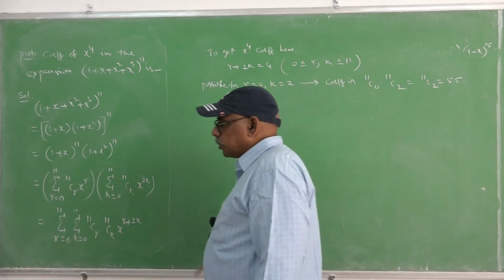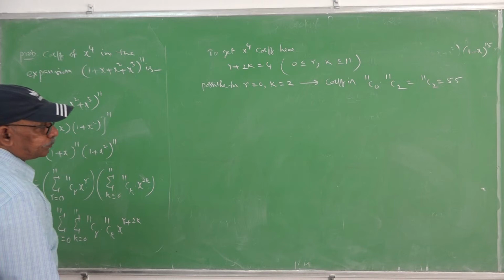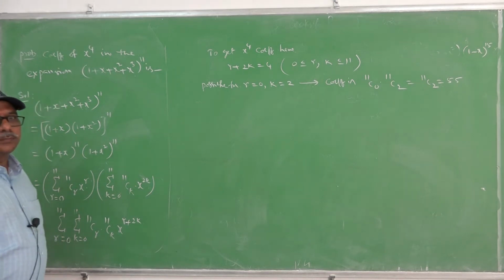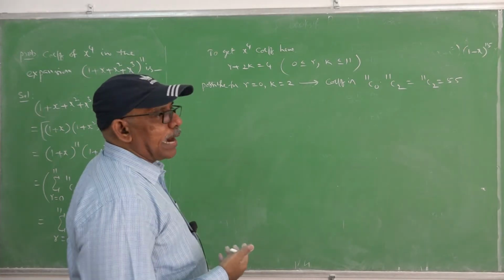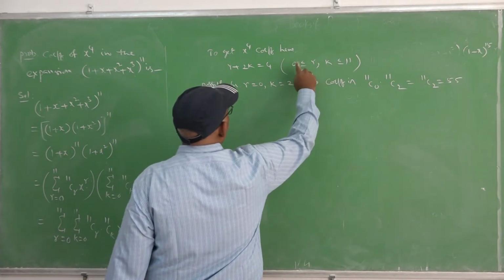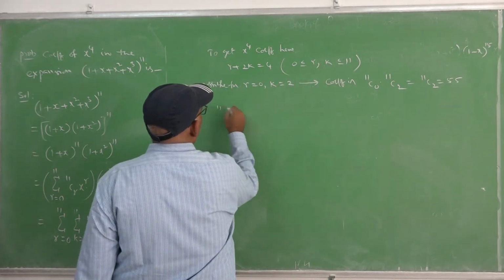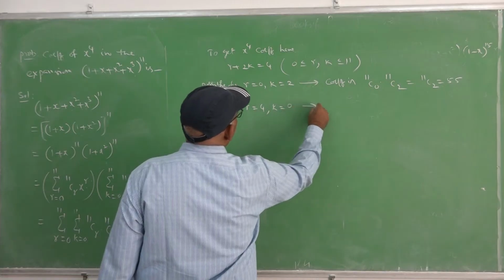That is one possibility for r plus 2k equal to 4. Another possibility, r may take the value 4 and k may take the value 0. So possible for r equal to 4 and k equal to 0.